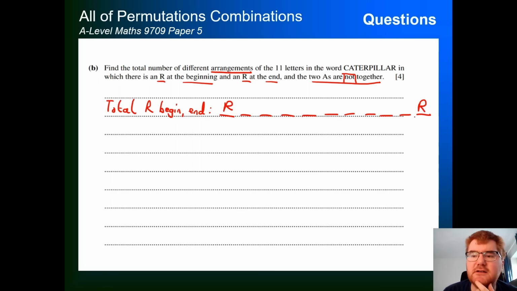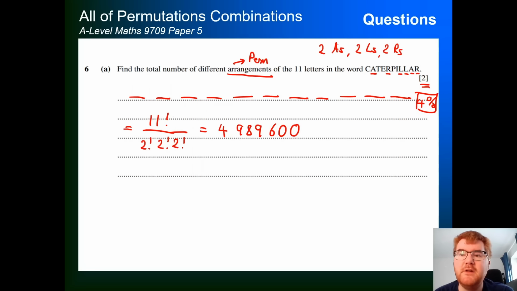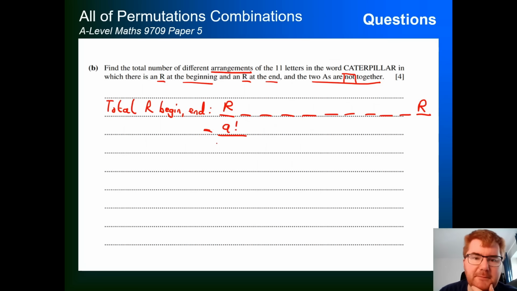So that gives us 9 slots in the middle. So that's going to be 9 factorial. And now we need to think of the repetitions. That's important. So if we go back here, we've dealt with the R's. So we just have the repetitions of the A's and the L's. So we're going to divide by 2 factorial and 2 factorial. So that's fine.